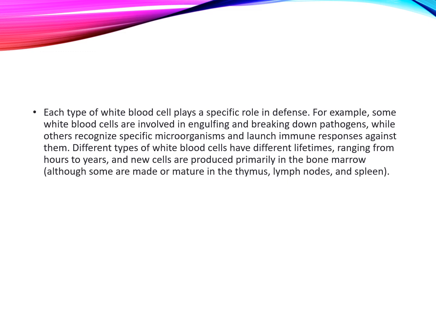For example, some white blood cells engulf and break down pathogens, while others recognize specific microorganisms and launch an immune response against them. Overall, different types of white blood cells have different life times, and their mode of action is also different.